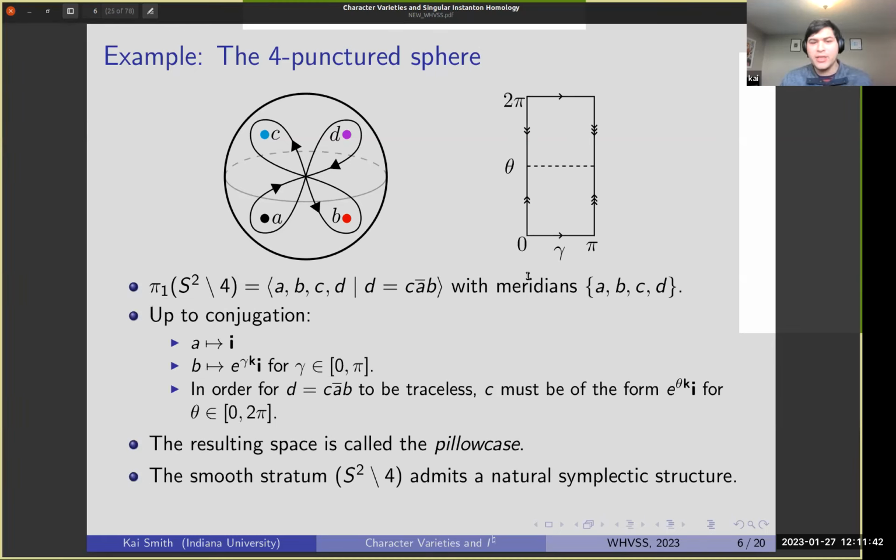Remember, we're allowed to conjugate. So whatever traceless element of SU(2) we send A to, I think of it as rotating our sphere of traceless unit quaternions so that A ends up being sent to i. So using our freedom to conjugate, we can always send A to i.